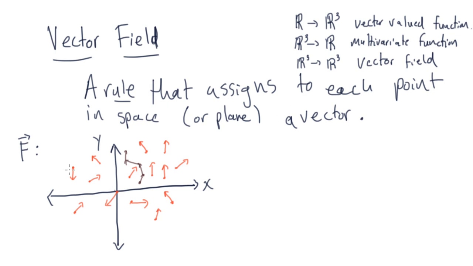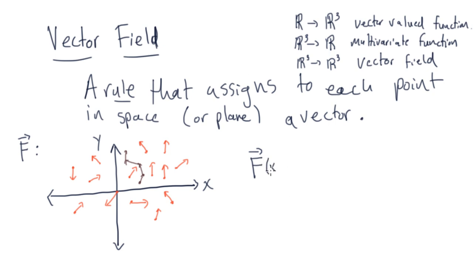But the general form, before we move on and talk about line integrals over vector fields, is that a vector field has this general form. In the plane, a vector field is a function that has multiple inputs. So let me write the inputs.